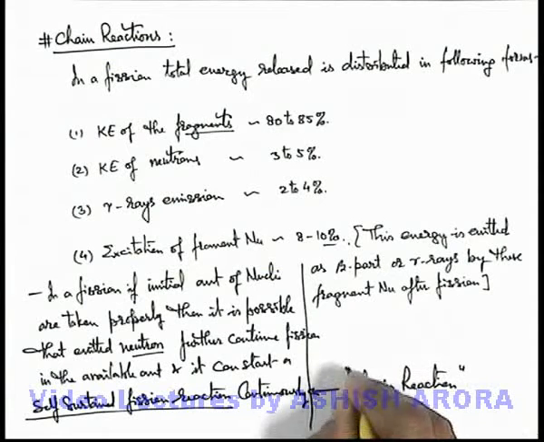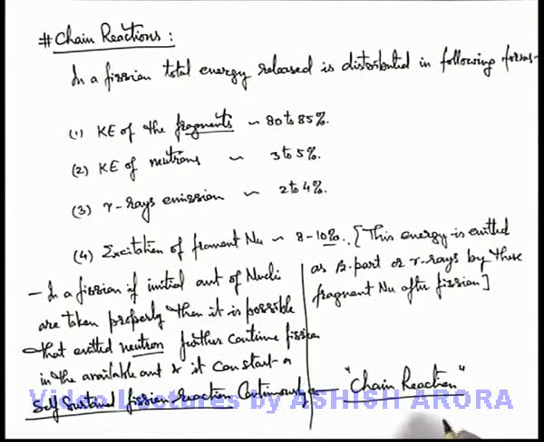This chain reaction sometimes may become uncontrollable also, because the neutrons produced are continuously producing further fission, so the quantity of energy release, the number of fissions per unit time, will drastically increase, because each reaction produces 2.5 to 3 neutrons.